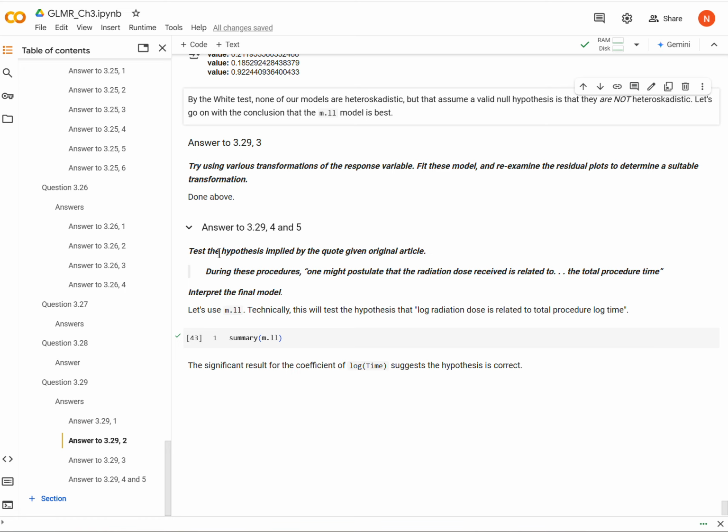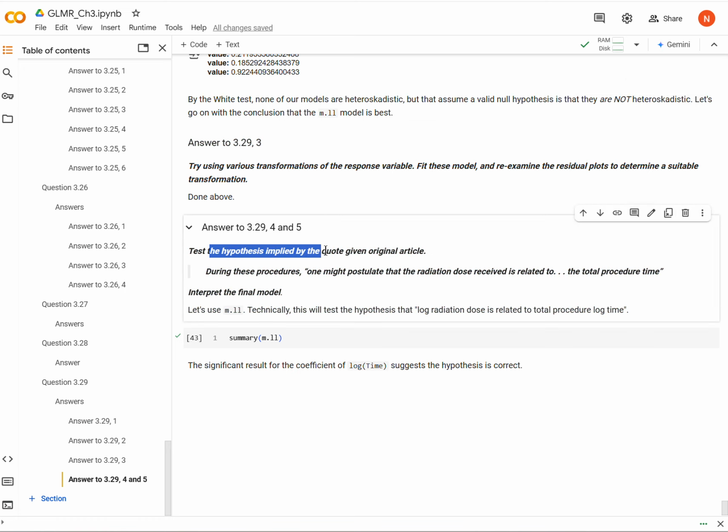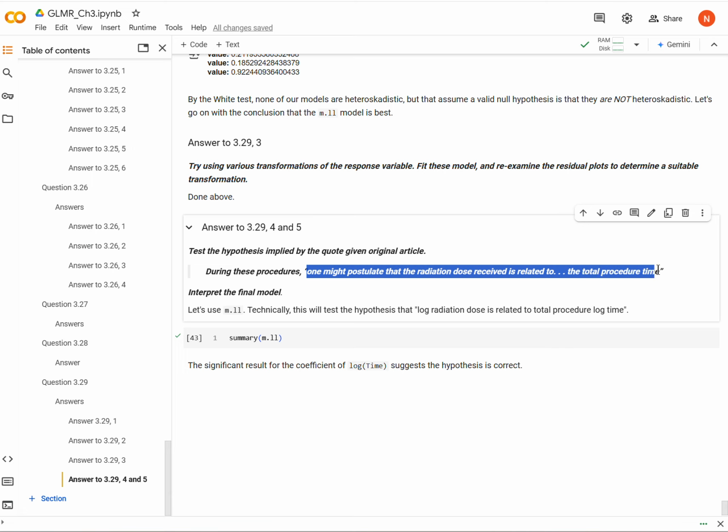Okay, now finally, for parts 4 and 5, we're supposed to test the hypothesis implied by the quote in the original question, which is, here it is, one might postulate that radiation dose received is related to total procedure time. Interpret the final model. Oh, I'm sorry. So that's the quote. And then part 5 is interpret the final model. Okay. So I'm going to use, like I said, the log-log model.